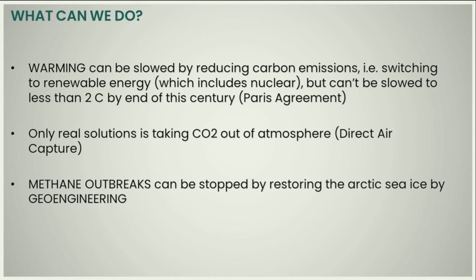And unfortunately, the Intergovernmental Panel on Climate Change has only focused on reducing our emissions and not on removing carbon dioxide. So the only real solution is taking the carbon dioxide out of the atmosphere. So the Paris Agreement, by which everybody agreed to reduce their emissions, is false.